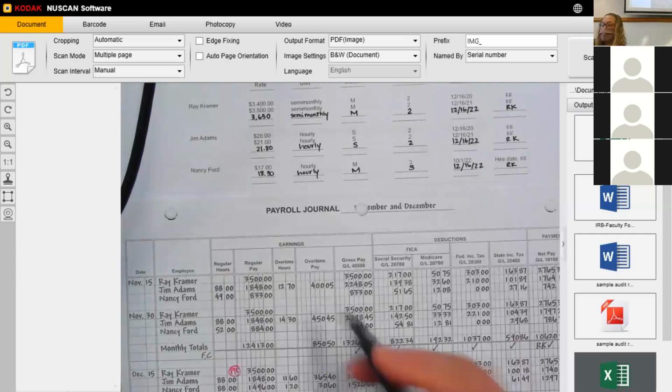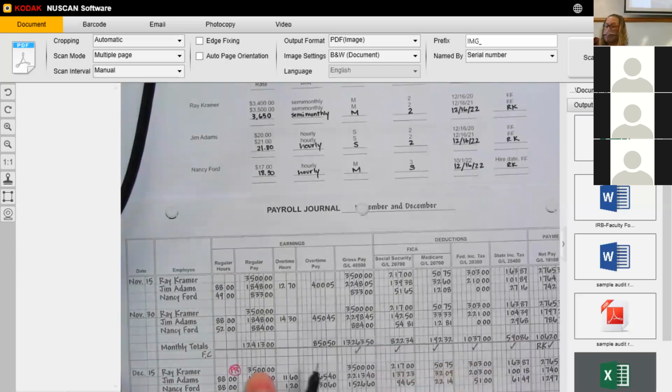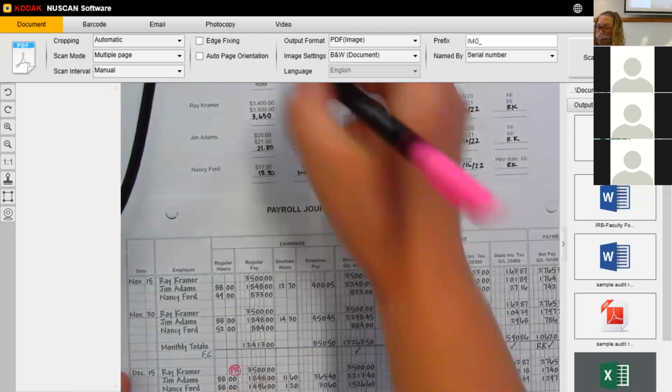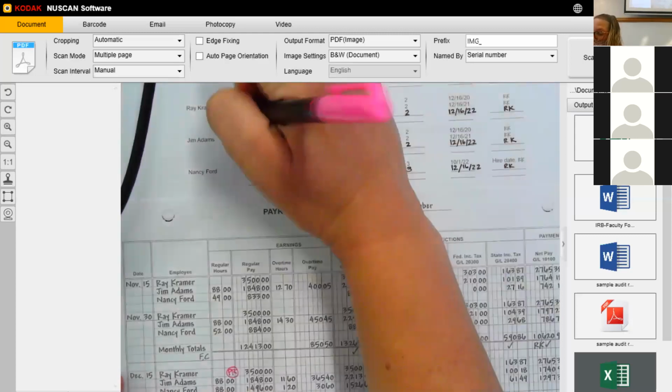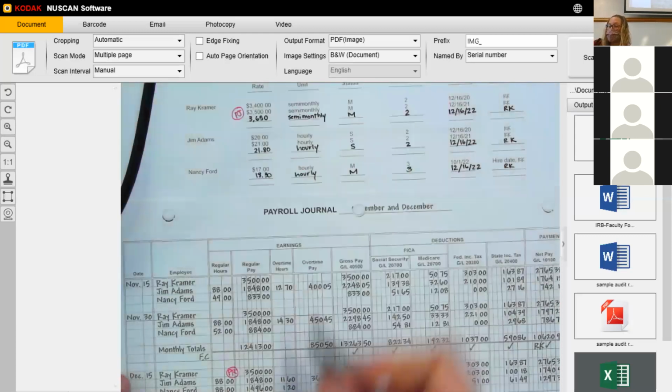So here's what we see in the payroll journal. Ray earned $3,500. That was his gross pay. And here's his pay rate here. I'm just going to mark here, since this is my copy, that we got that from the payroll journal.